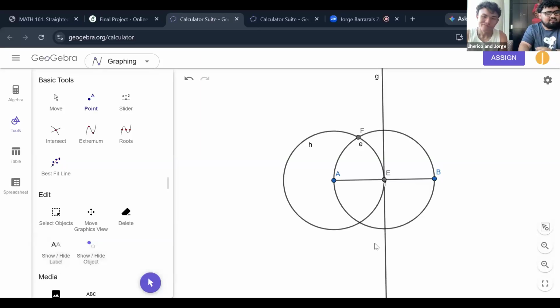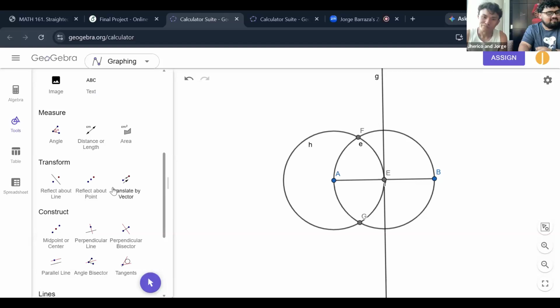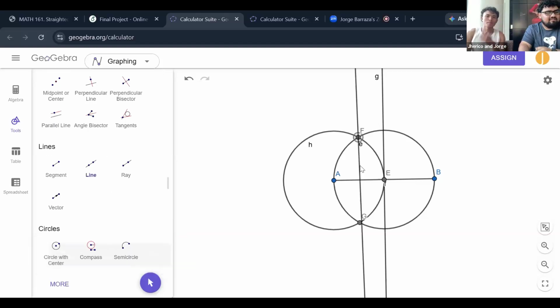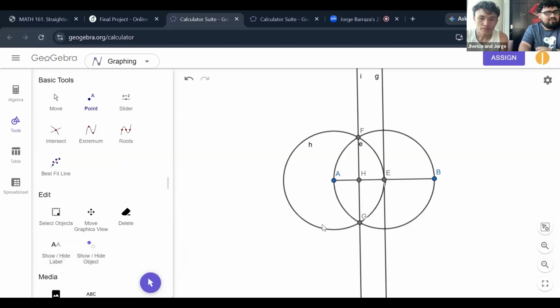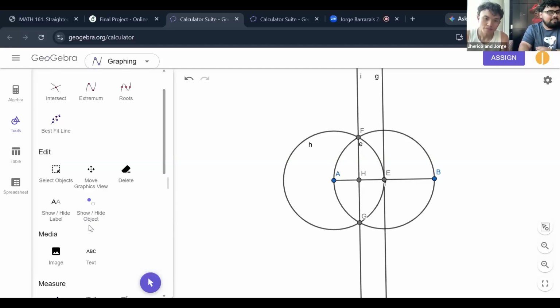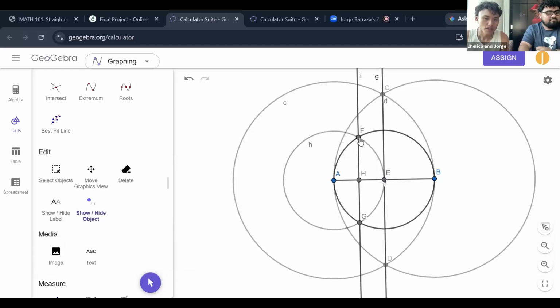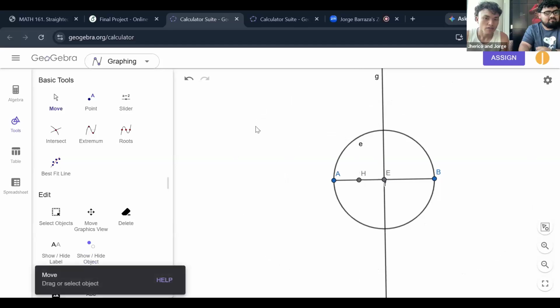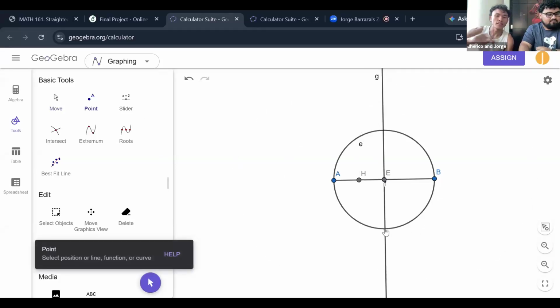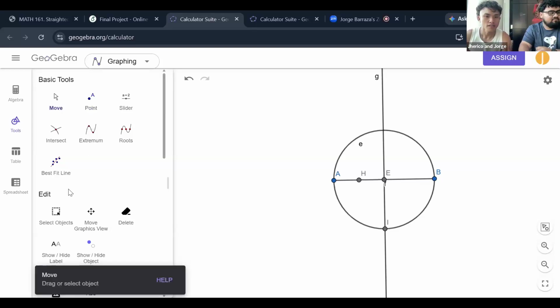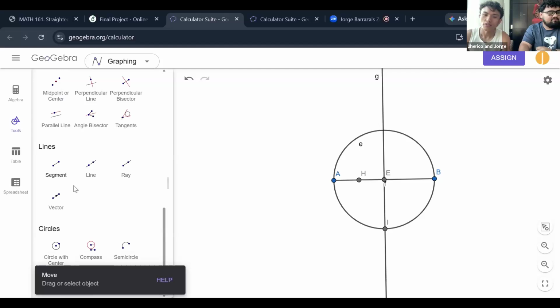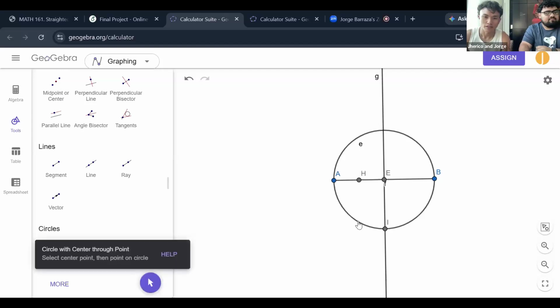So we get these points where the circles intersect, and then we get the line that goes through those intersection points and the midpoint H. And so now we can hide those. And then we can also add the points on the intersection of the circle and the line containing E, because it will be useful for when we get our first point on the pentagon.